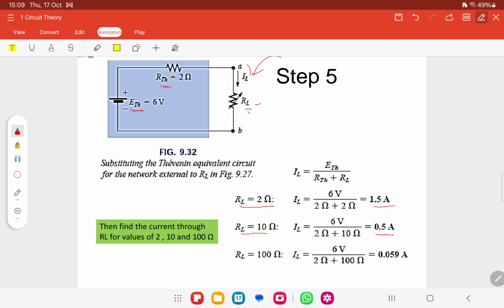Tapi yang penting kena dapatkan value of the I. IL ni lah I total tu. Tak, dipakai Ohm's law ni, V over R total. Okay, boleh? Alright, simple je.